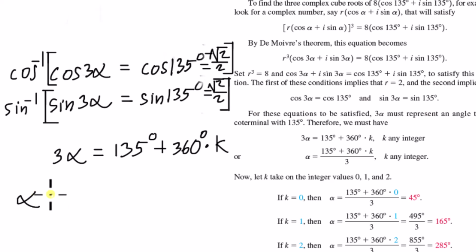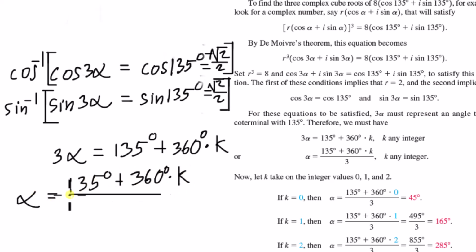So let's divide both sides by 3. Okay, so there we go. Now we solve for alpha. But we've got an infinite number of alphas because k can be any integer, right? So what do we do? Well, it's like when we're solving any trig equation, you get an infinite number of answers, but then you look at your specific problem and see, okay, can I eliminate some of these answers?